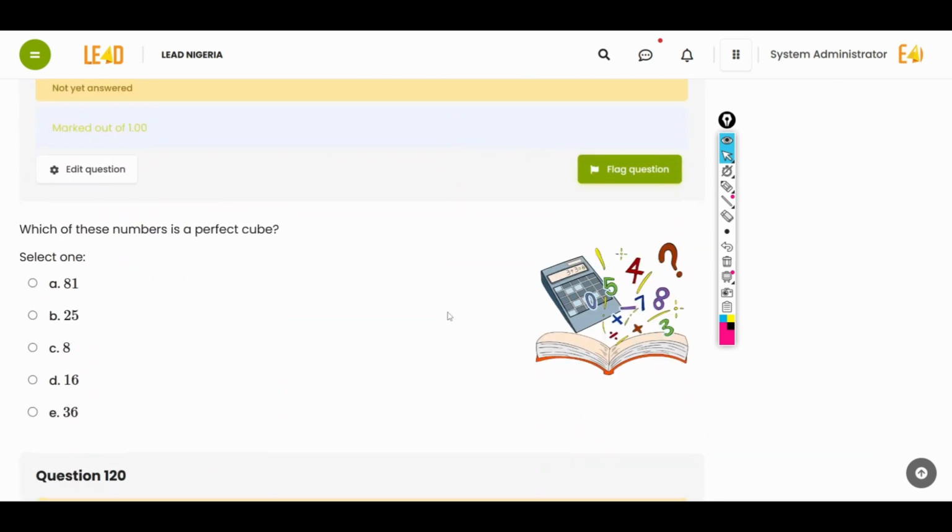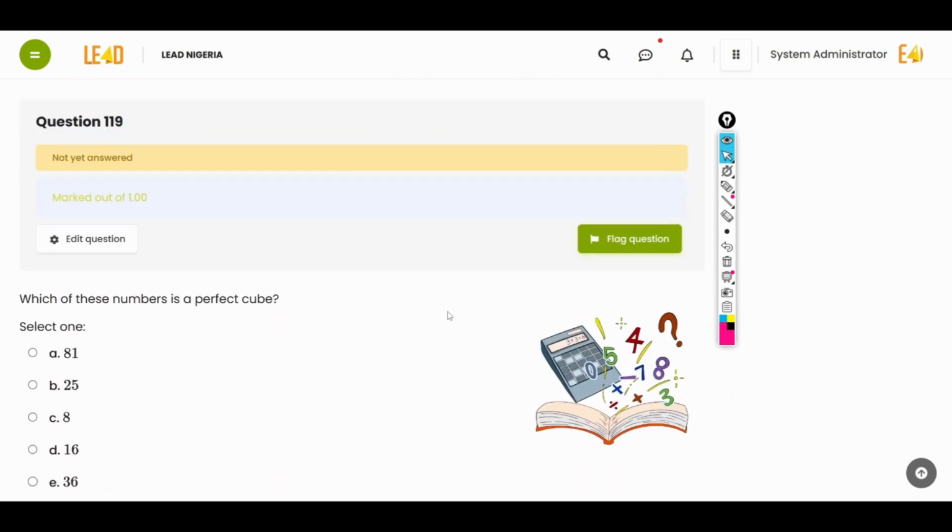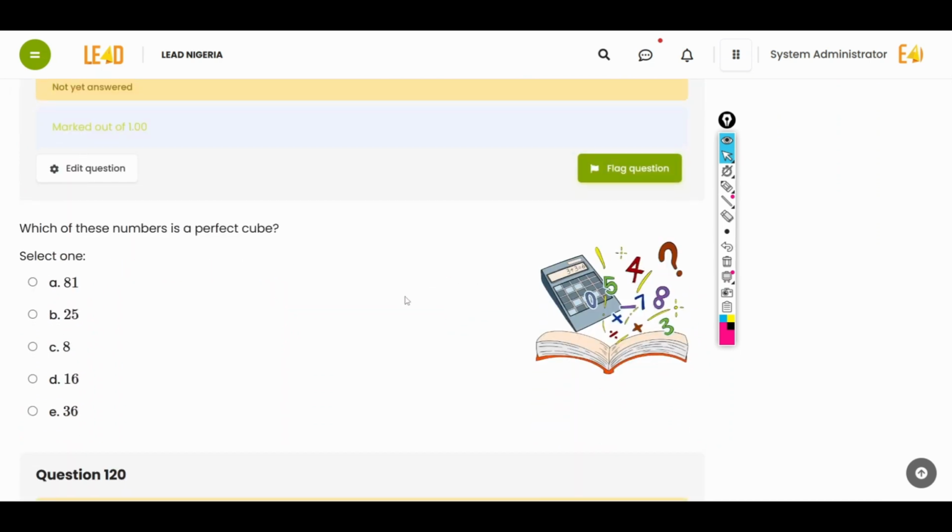For question 119, which of these is a perfect cube? Okay, so the correct option is 8, because 2 times 2 times 2 gives you 8. All right, so that's 2 cubed is 8.